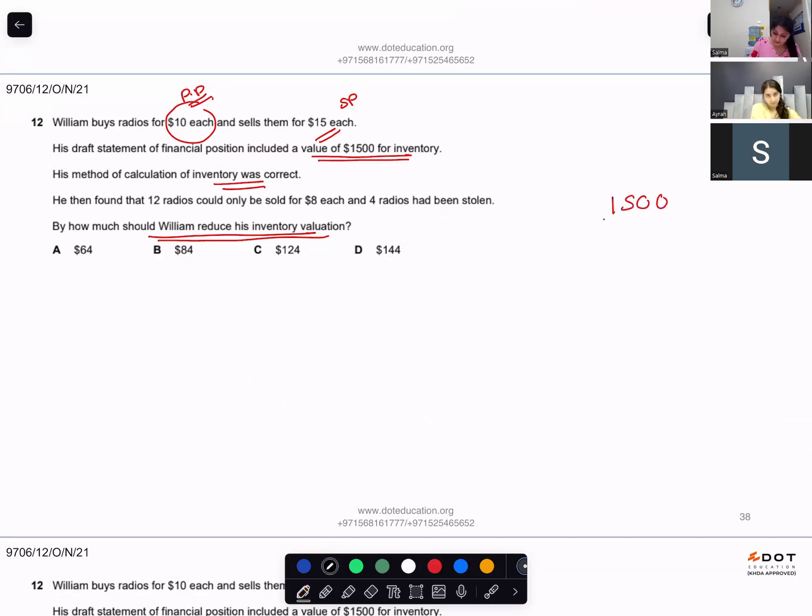So 1500 was the price of the inventory. If it is valued at 10, so it's 150 radios at $10, 1500. From this, 4 radios are stolen.